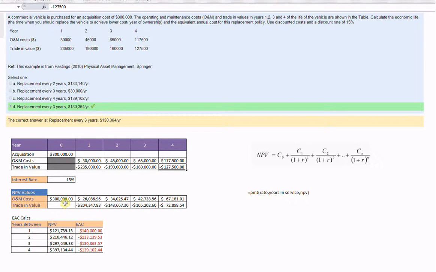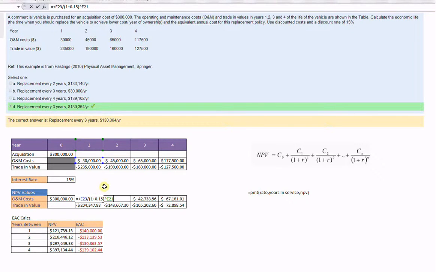so that we can then use those to calculate our net present value of the entire purchase. So the 300,000 stays the same because that's at year 0, and then each one of these, and I'll just open up the formula so you can see, is just equal to E23, which is that value there, divided by 1 plus the interest rate, or I've just typed it straight in so it wouldn't update.